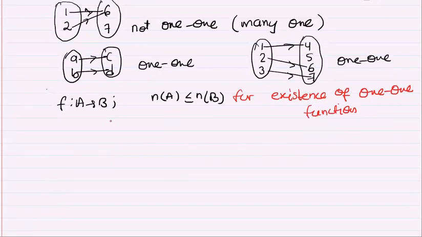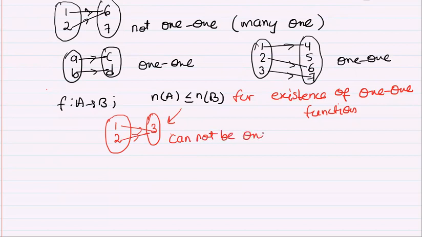Like if I show you 1, 2 and here only one element 3, this is a function but it cannot be one-one because n(A) is greater than n(B). Fine. So now you understood very well.